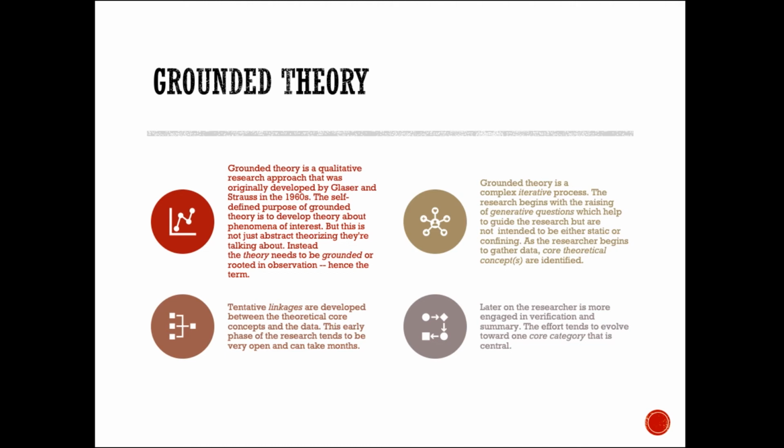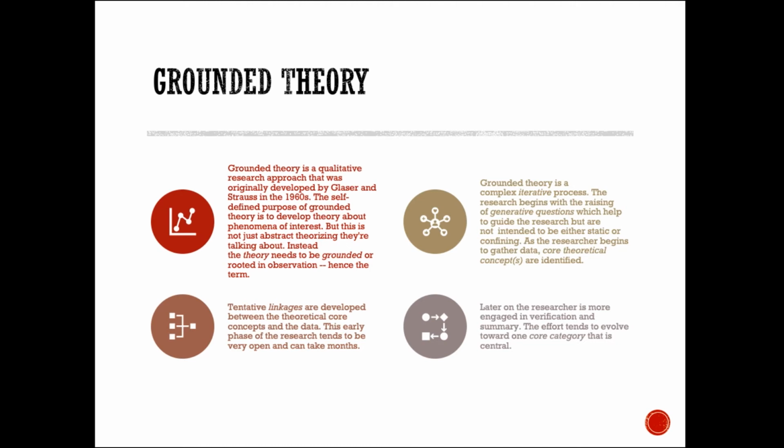Hence the term. Grounded theory is a complex, iterative process. The research begins with the raising of generative questions, which help to guide the researcher but are not intended to be either static or confining.